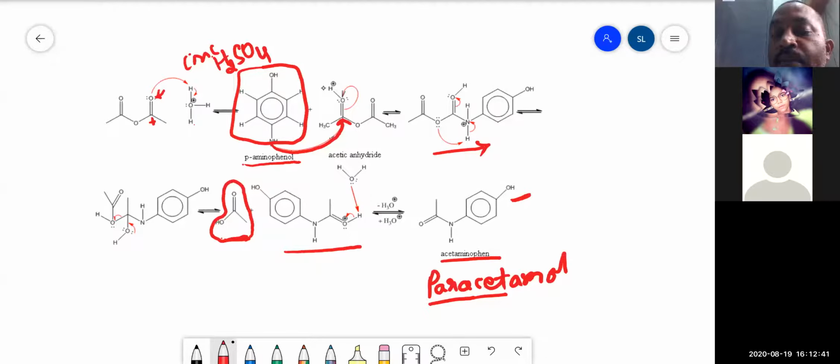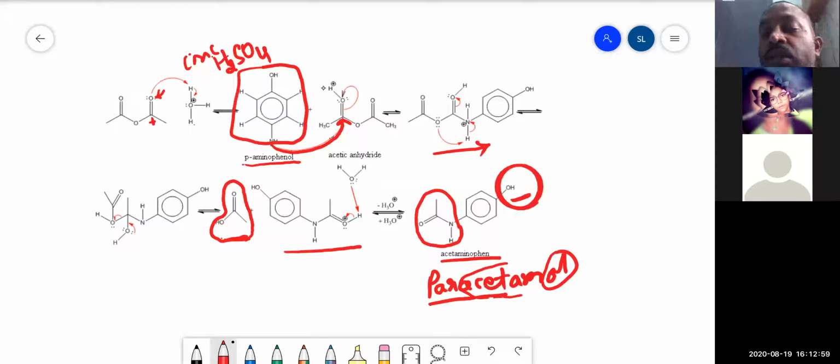So para-acetamino, that is the acetylated part of the amine. Acetamino, paracetamol, mole is alcohol. So that's why it has got the name paracetamol. Okay. And acetaminophen is also the other name for paracetamol.